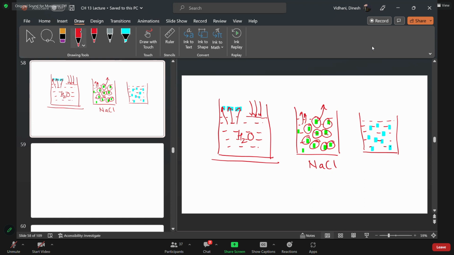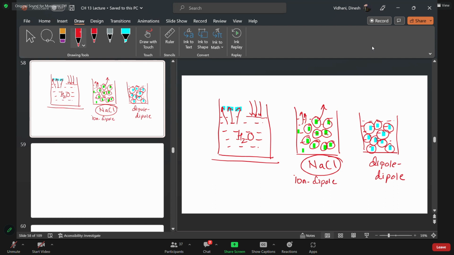The water molecules, just like with NaCl, are also surrounding the glucose molecule. But then the nature of interaction is different. Here, the nature of interaction is dipole-dipole interaction. In the previous case, the nature of interaction was ion-dipole interaction.